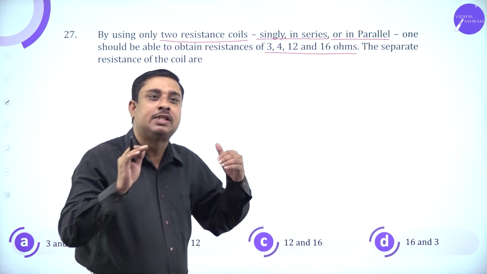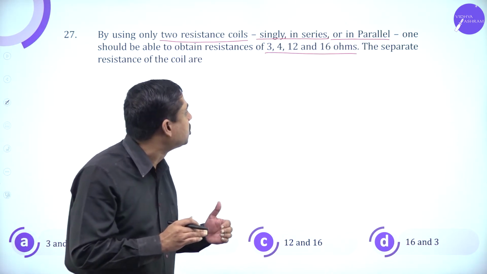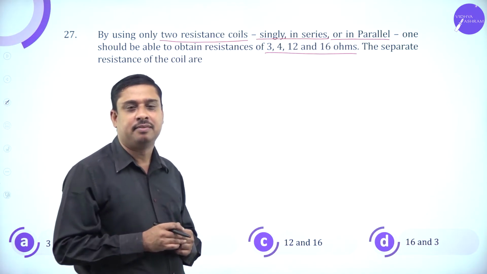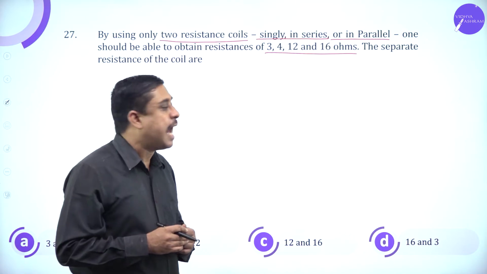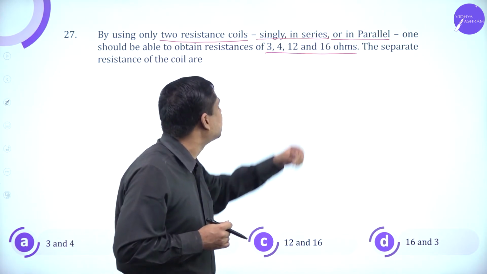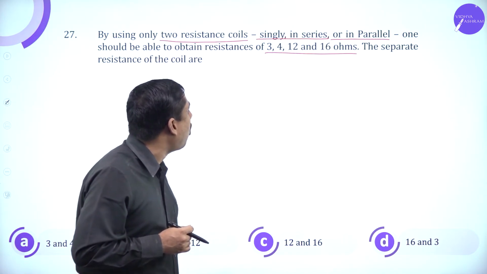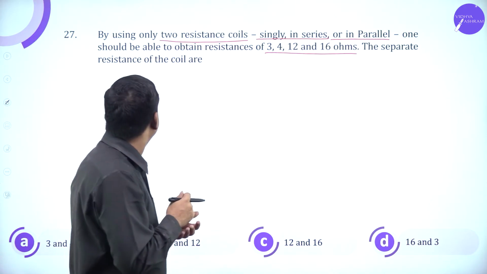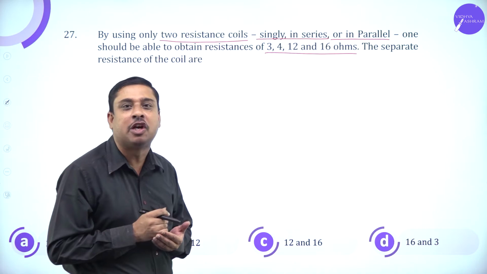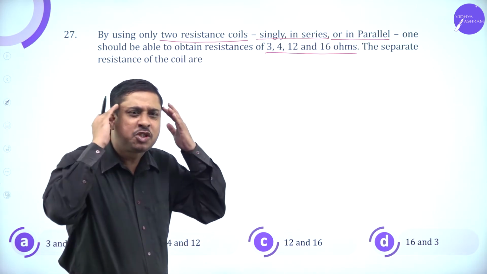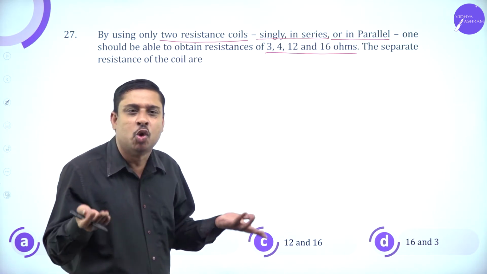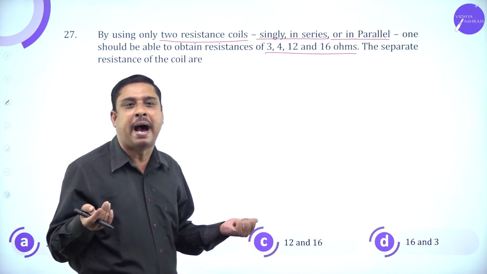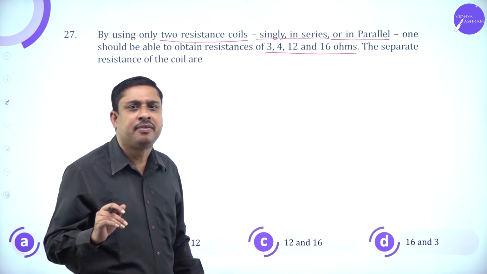Either I use the single combination in series or parallel, I should get resistances of 3, 4, 12 and 16 ohms. Then the separate resistance of the coil is found by mere inspection. You know the expression for resistance in series and parallel, you will arrive at it.